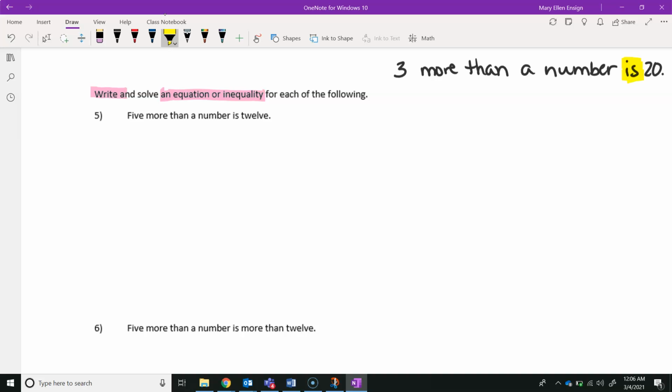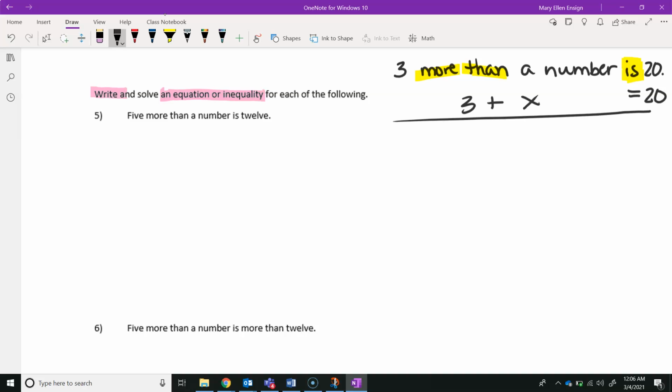If we read this, it's a statement, a declaration saying 3 more than a number is 20. No questions, right? No anything else, just it is 20. So there's my equals. I'm going to have 20 over here. 3 more than means to add it. So 3 more than a number. So 3 plus x equals 20.